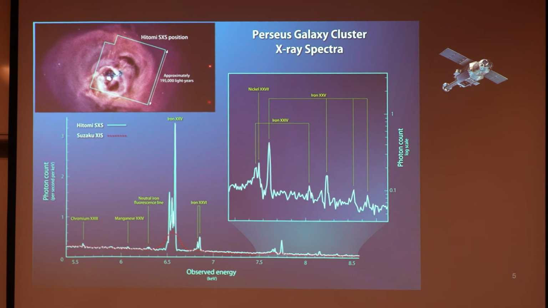Okay, so I like this slide because it tells you a lot about this one telescope called the Hitomi, which is Japanese X-ray high-resolution spectroscopy that was launched in 2016-17, I believe. So what it does is it tries to understand what the gas looks like.